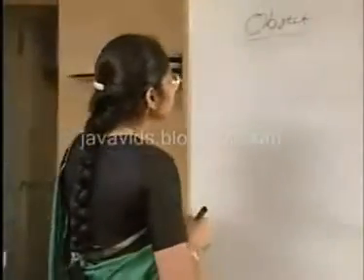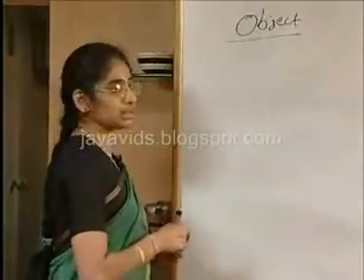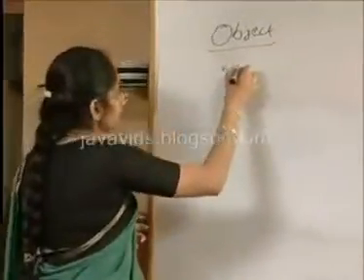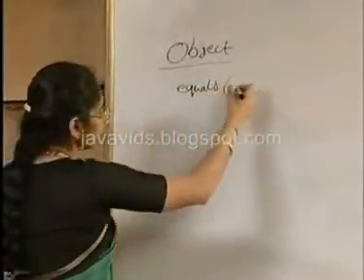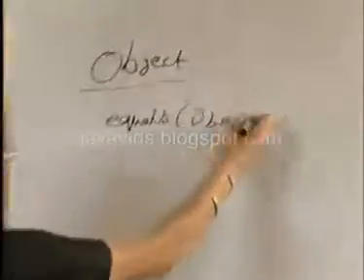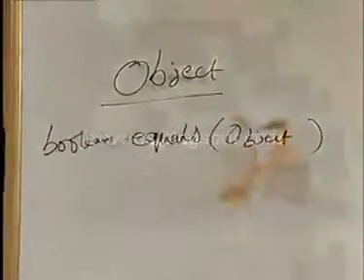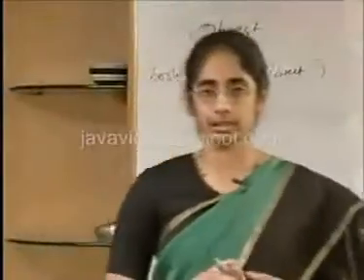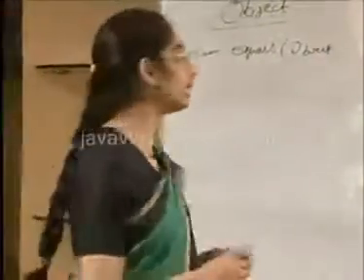Now what does this class provide us with? It provides us with an equals method, for example, with Object as a parameter. This method compares two objects and returns whether they are equal.